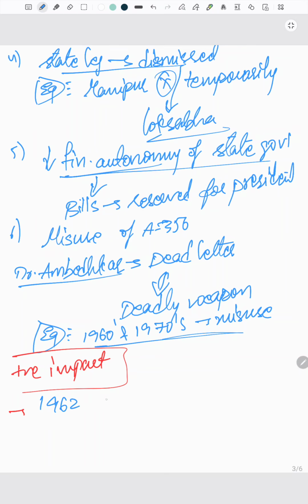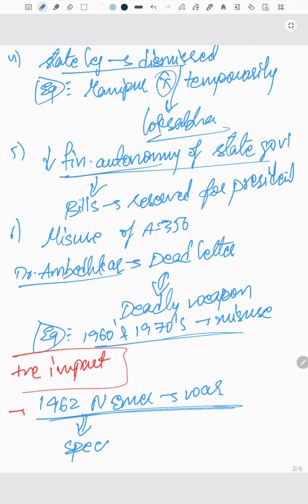So in 1962, there was a national emergency declaration because of war. At that time, in that crisis situation, we need to have speedy legislative decisions.